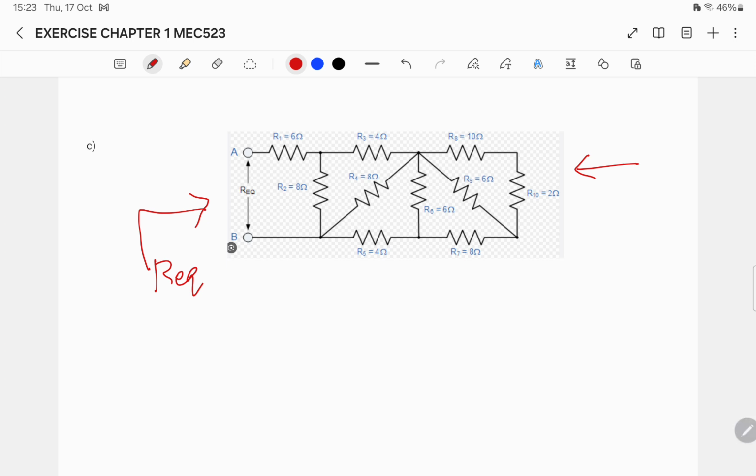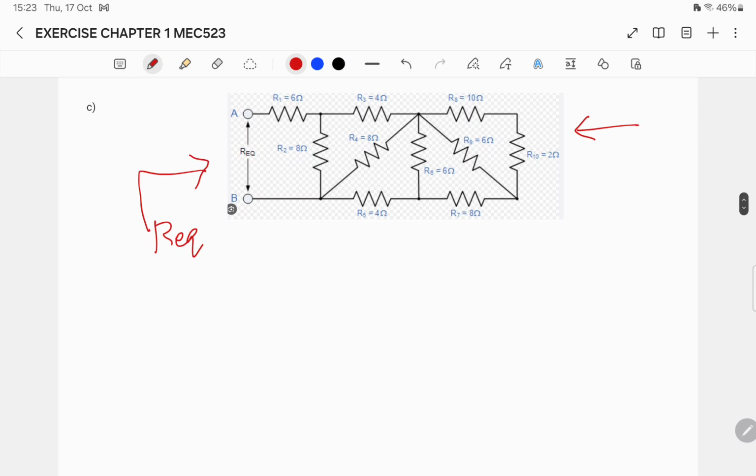Okay. So this one apa dulu yang boleh series? Parallel ke? 6, 8. Ni 4. Okey. Ni 4 ni R3. Ni 8.